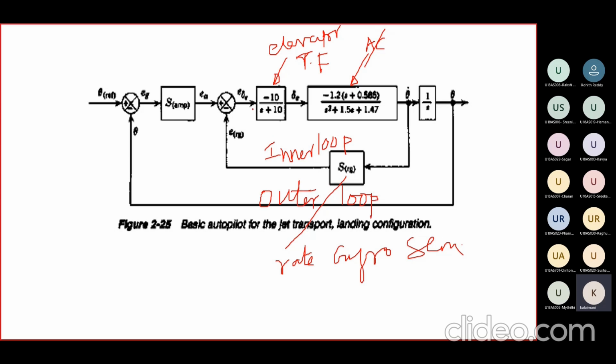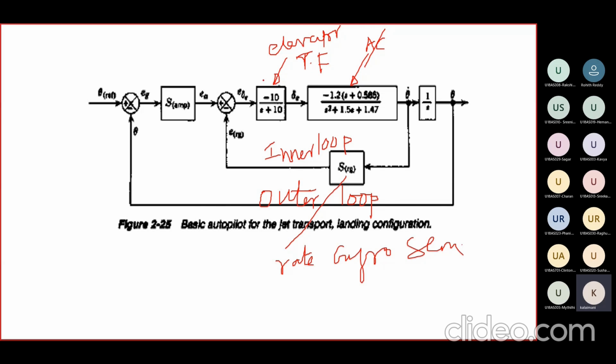We will sketch the root locus for the inner loop as well as the outer loop of the basic autopilot for a jet transport aircraft. Then we came to know what is essential for the rate gyro sensitivity, and why we incorporate velocity rate feedback. Then after that we try to sketch the response of the system with rate feedback and without feedback.